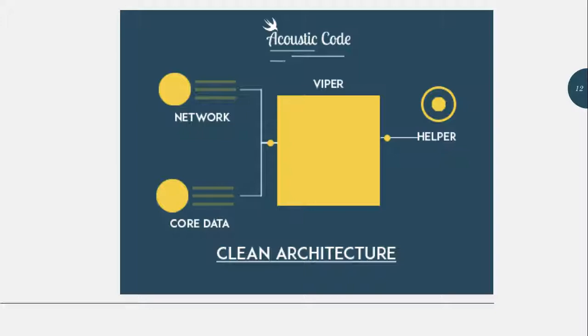This is a clean architecture. What it does exactly: we get data from network, we get data from core data, and we get data from helper. A helper is basically constant files and utility files. The constant file would have the base URL, the things which have constant values.